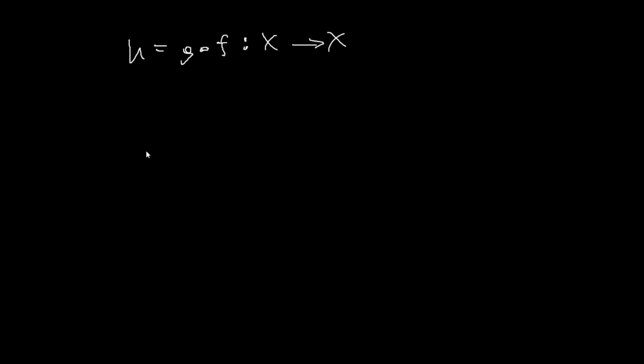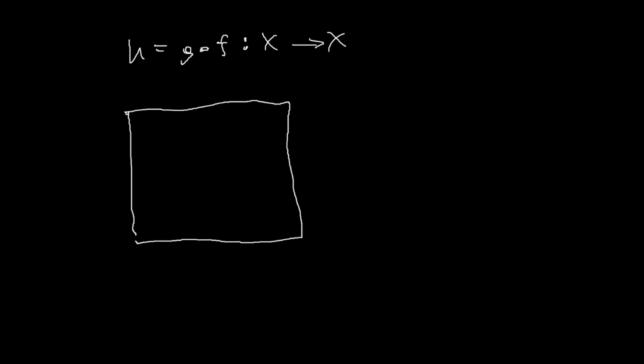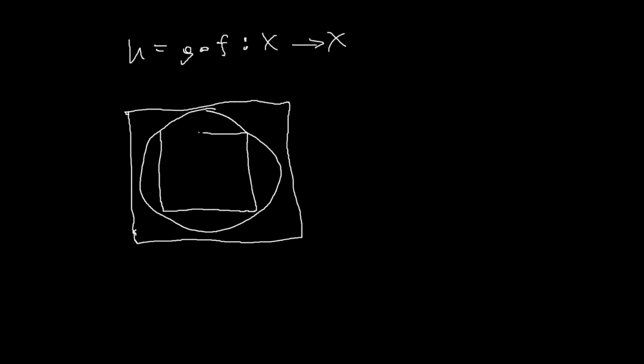And so in one iteration, we have this square with a circle inside, but then we know there's a square inside the circle, and this inner square is created by the function h.